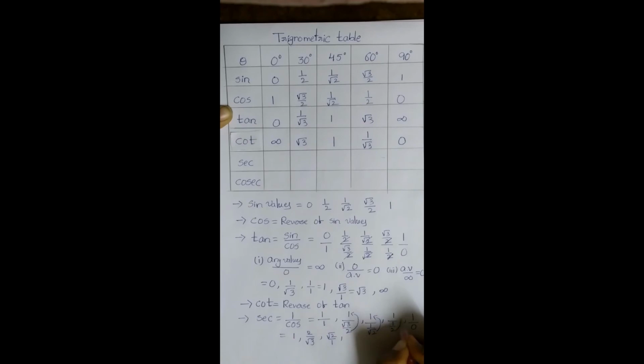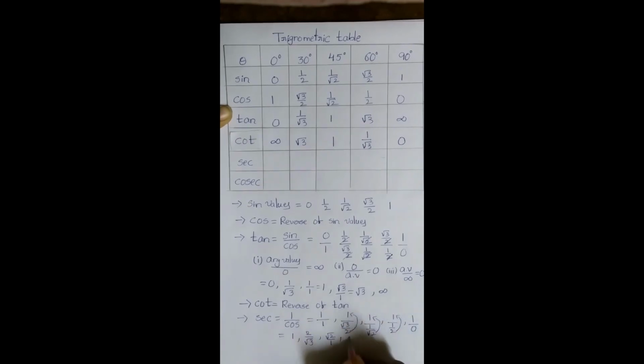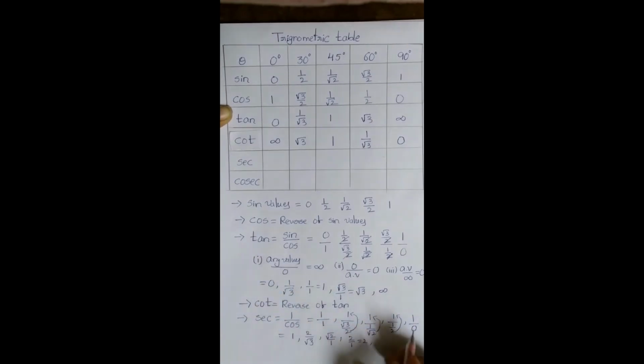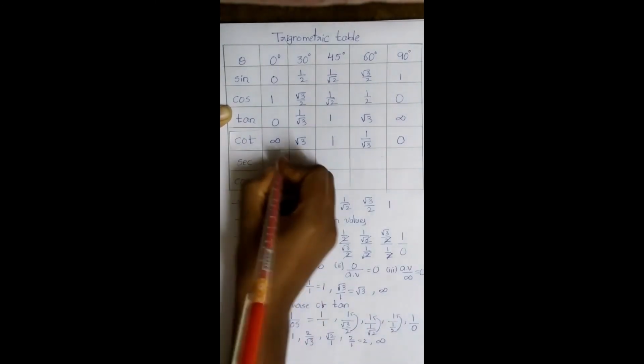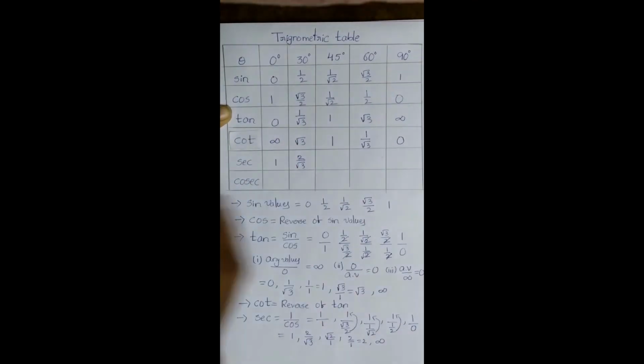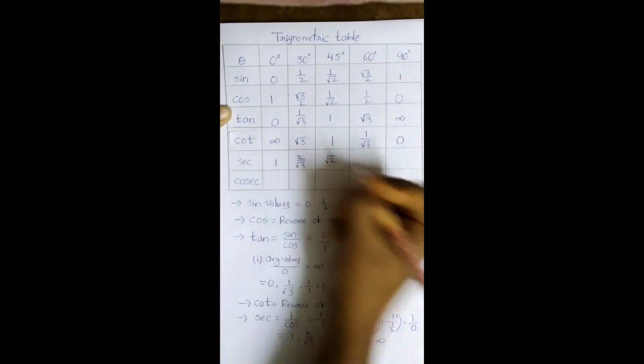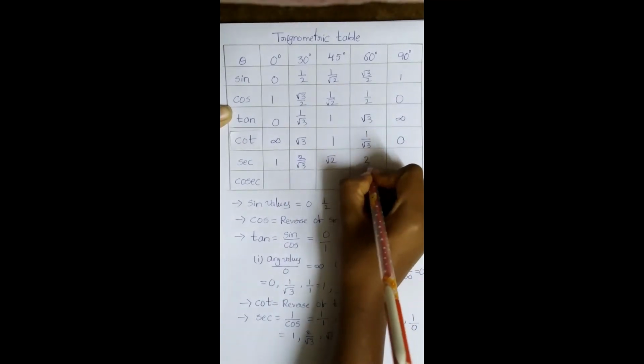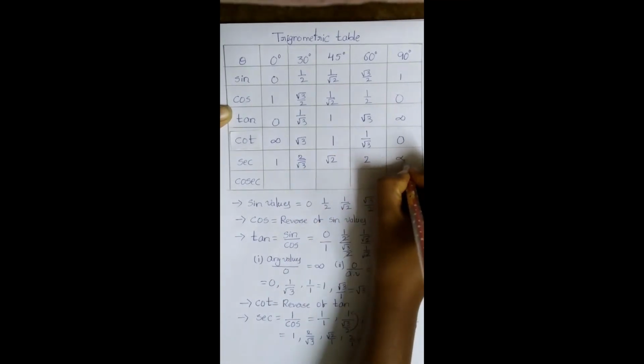Here also this denominator goes to the numerator, then we get 2 by 1 that is equal to 2, and here we have 1 by 0, that is any value by 0 is always infinity. Write in your table secant values are 1, 2 by root 3 and root 2. Here 2 by 1 is 2 and infinity.